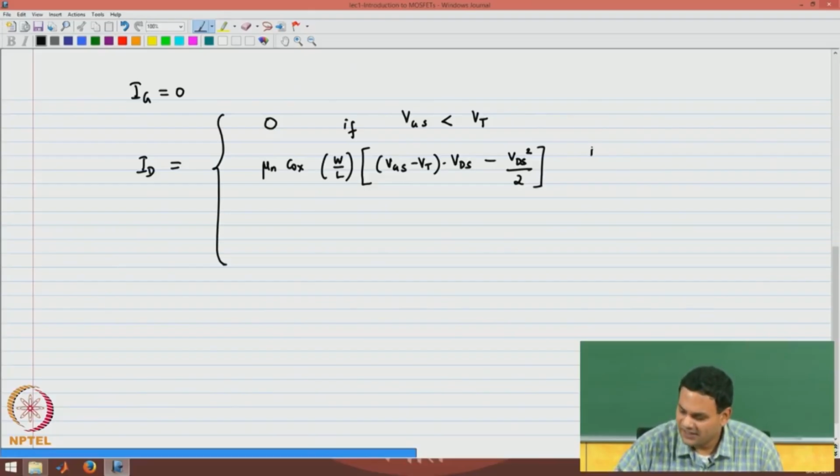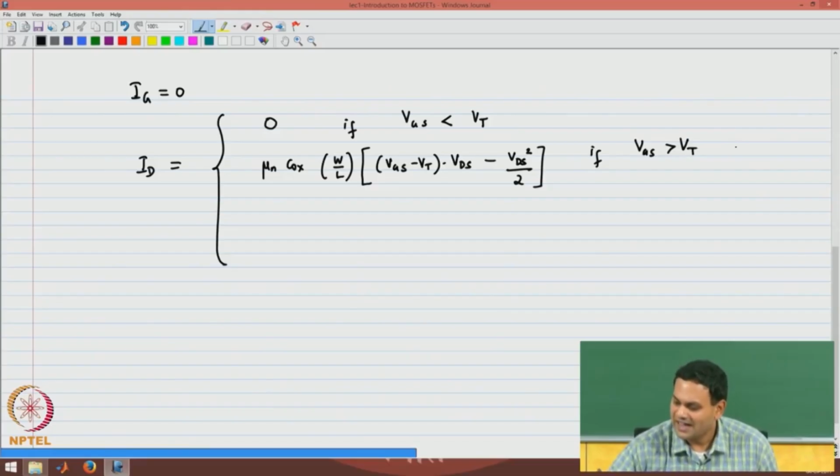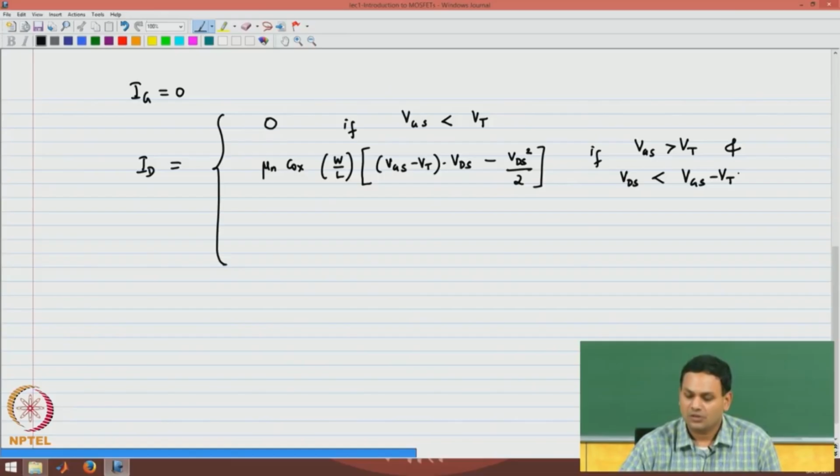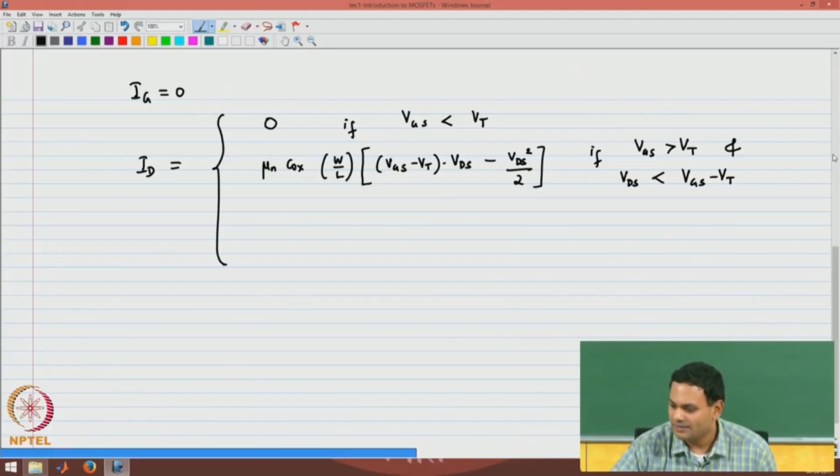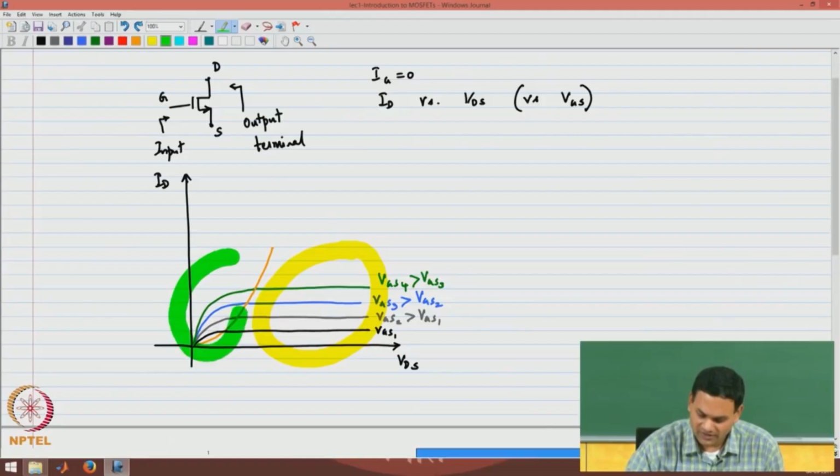If the gate source voltage is larger than Vt and the drain source voltage is smaller than Vgs minus Vt, okay, then the drain current has this expression. It is mu n C aux W over L times Vgs minus Vt times Vds minus Vds squared by 2. So, clearly in this region the drain current depends on both the gate source voltage and the drain source voltage, and this represents this region of the device characteristic.